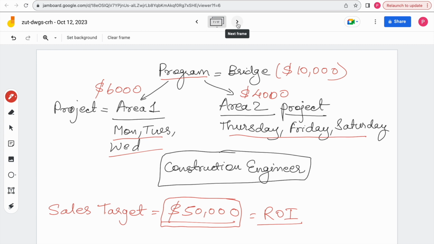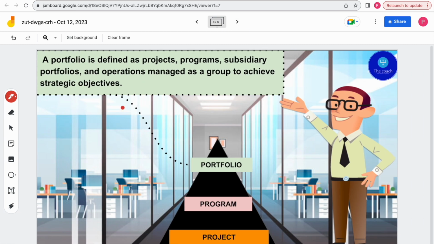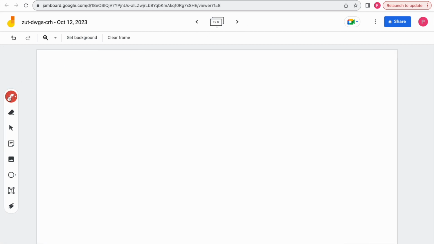So now that you know about program, let's move to the top part of the hierarchy, or the pyramid, that is portfolio. Portfolio is defined as projects, programs, subsidiary portfolios and operations managed as a group to achieve a strategic objective. Let me make this definition simple for you.